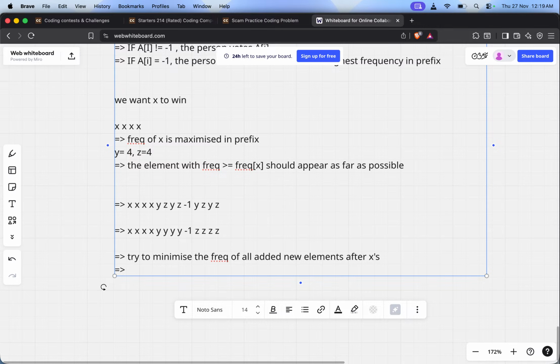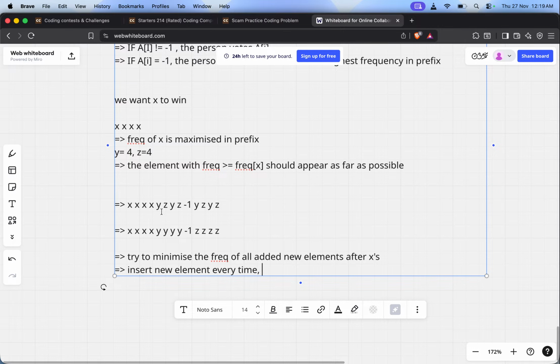Insert new elements every time. What does new element every time mean? That is, if we have 5 elements with frequency 1, then insert all the 5 first. Then we have 3 elements with frequency 2. Then insert all these elements. That is what we are doing.